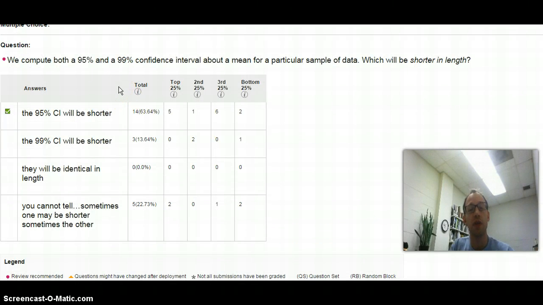Okay, 95% and 99%, which will be shorter? So think about if you say, I'm 99% sure, blah, blah, blah, versus I'm 95% sure, blah, blah, blah.